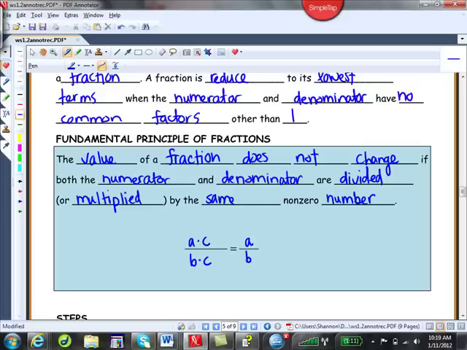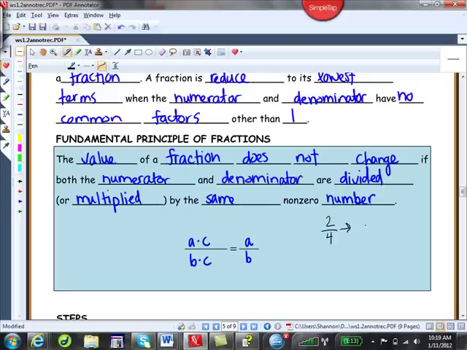So, okay, let's look at an example. Suppose that we had 2/4. Do you see that we could write 2/4 as 2 times 1 over 2 times, well, I want to do it in the same order as the example.